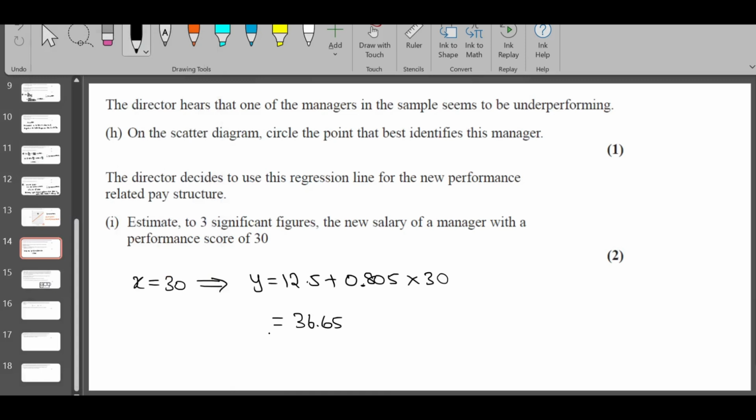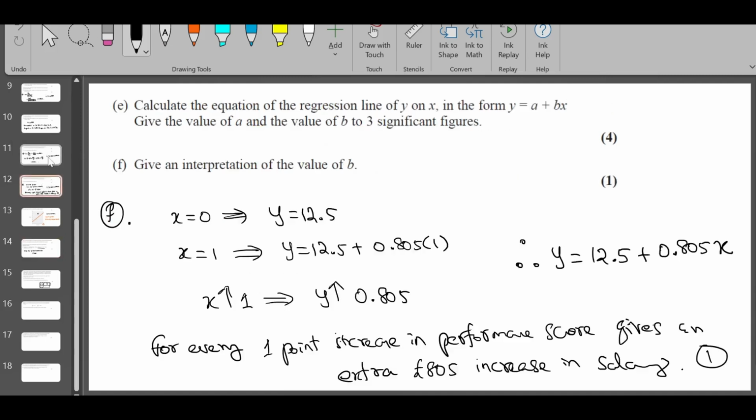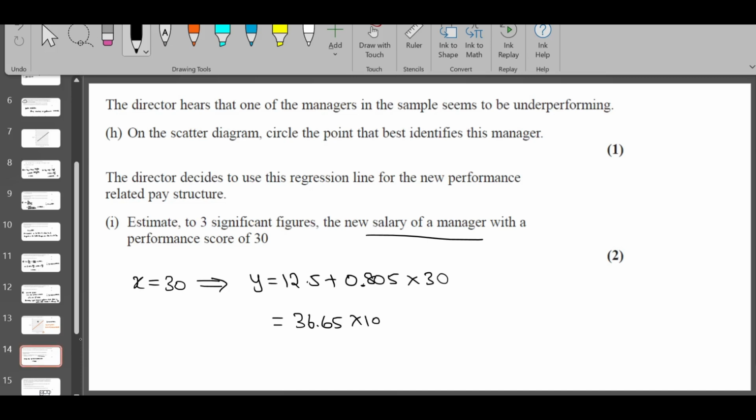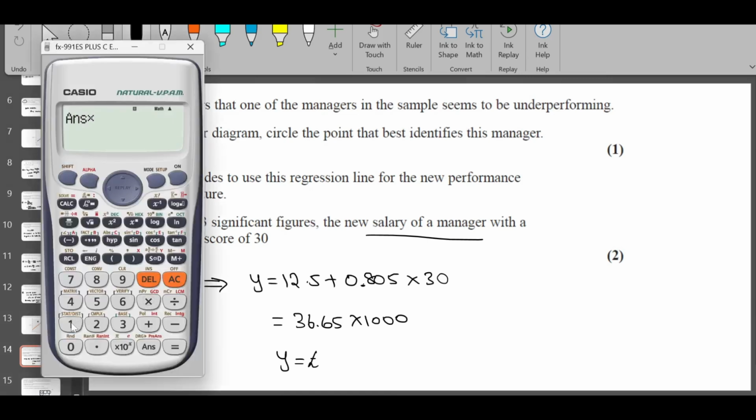But they want you to find the salary, and in the question it clearly says the salary is given in £1,000. So you better multiply the value by 1000 and write the answer. So y is equal to this value times 1000.